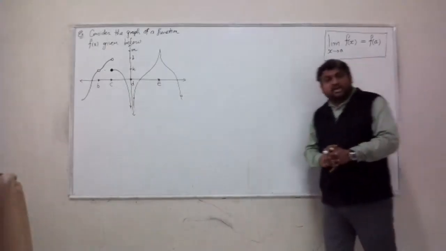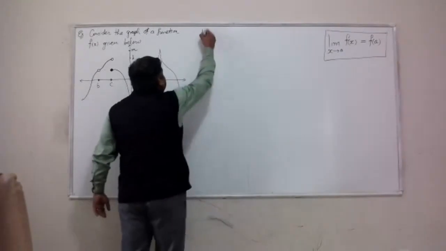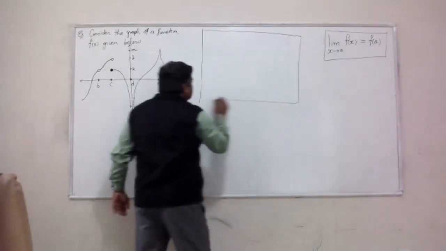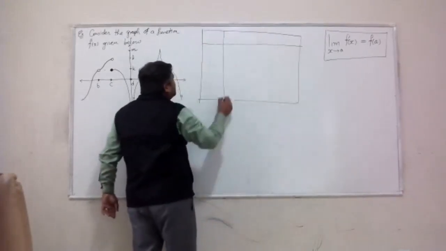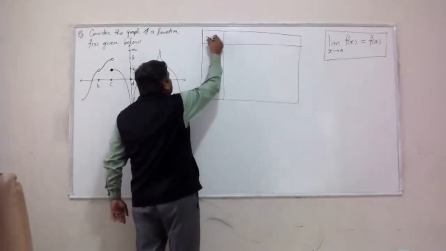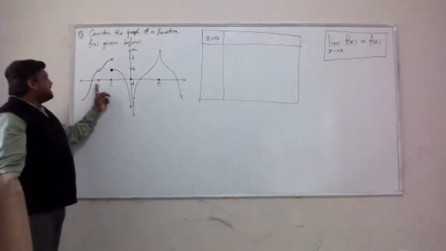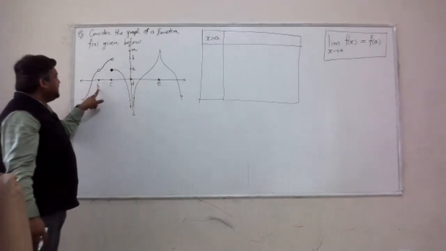regarding the continuity of the function. I'm going to create a small table with 4 columns. The first column will store the information about the input. All right, there are 4 inputs where I would like to investigate few things about my function.